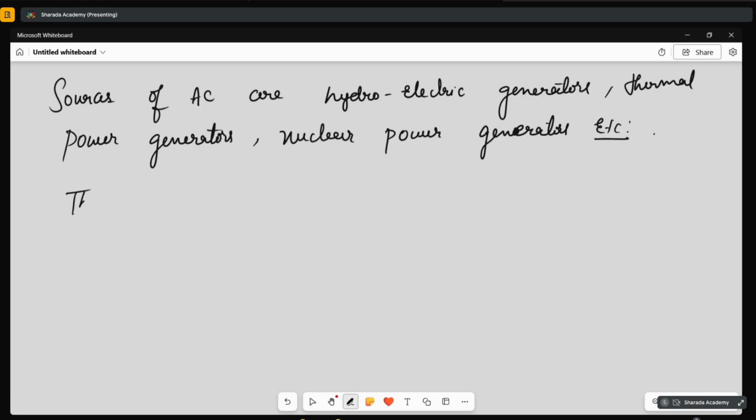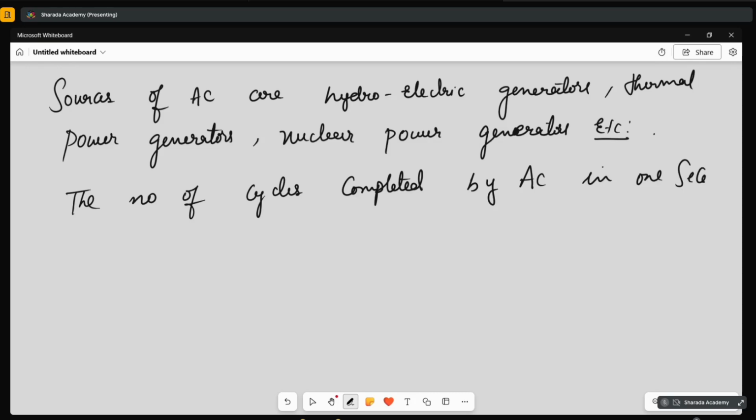The number of cycles completed by AC in 1 second is called frequency of AC.